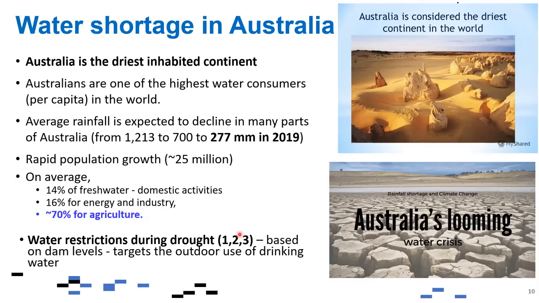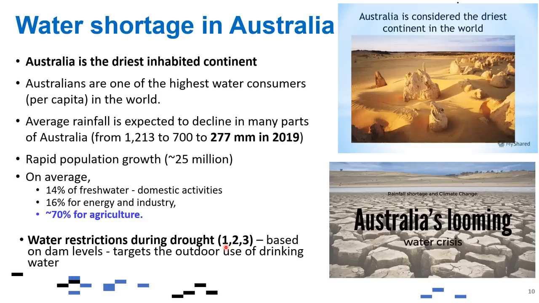Last year we were on level 2 of the water restriction because of really low dam level. But right now at the present we are back to level 1 because a lot of rain came in the first few months of this year.